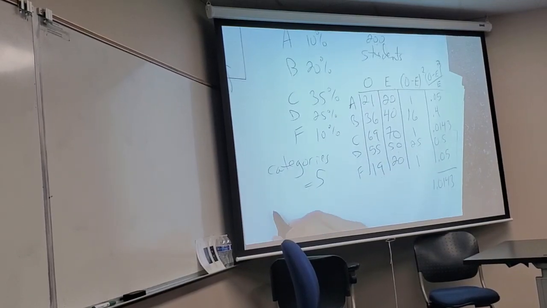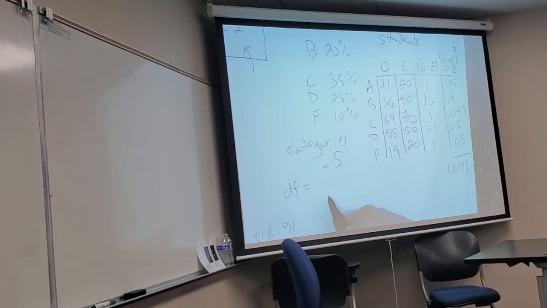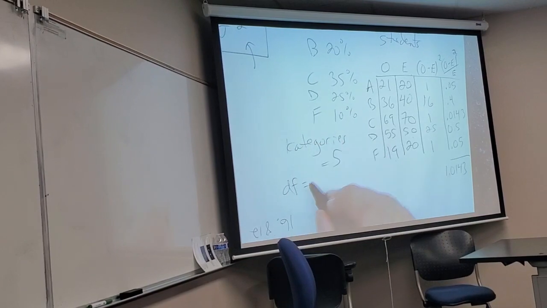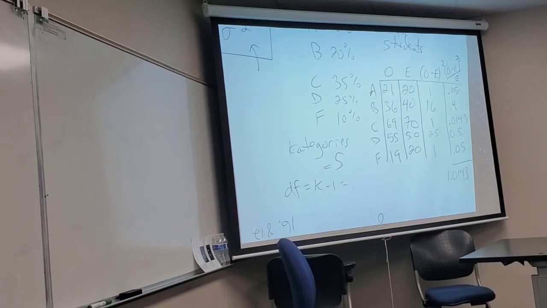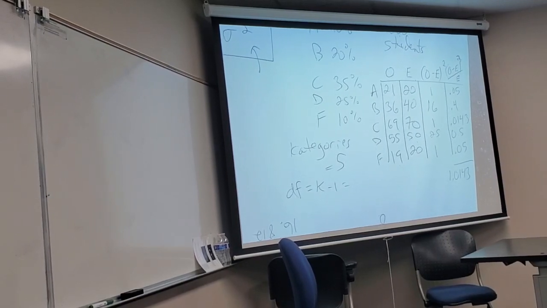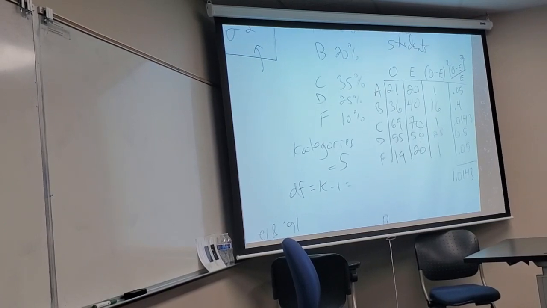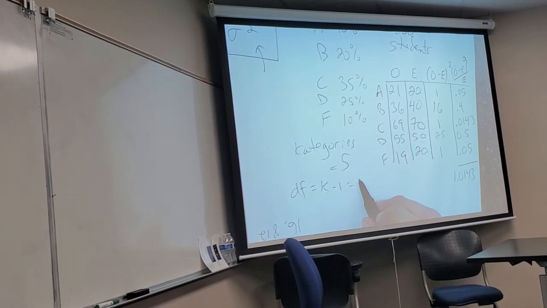The degrees of freedom, and I love this, I can't remember if the book does this, but very often you'll see this. Categories, of course, starts with the letter K. Everybody knows that. I am so joking. But the official formula for some reason is K minus 1. K is the number of categories, which I just think is funny. Of course math people can't spell. So I had how many categories? 5. So what's my degrees of freedom?